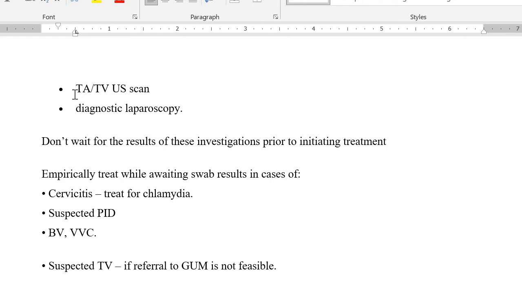You don't have to wait for the results, and you can start the treatment. So empirically, you can treat while waiting for the swab results. If cervicitis is there, treat for chlamydia, and for suspected PID or bacterial vaginosis, you are going to start the treatment without waiting for the results.